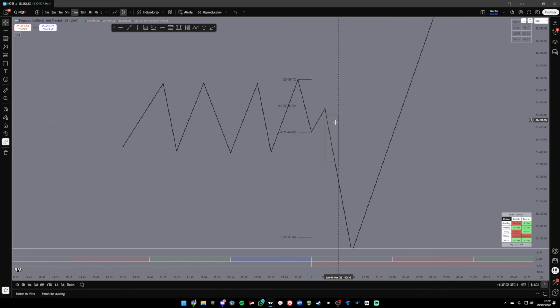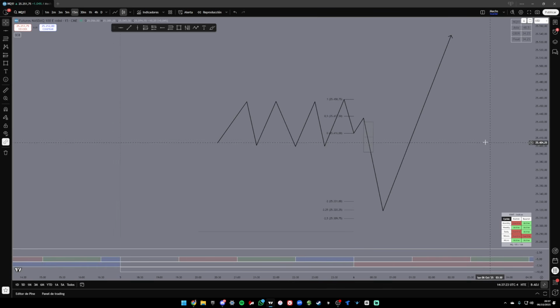Imagine a candle showing a lot of bearish displacement, closing below this low. If it closes below these lows, it's better, but we don't need it. But if we see a very bearish candle on the 5 minute or the 15 minute, we can mark this, and this will be the break of structure standard deviation.